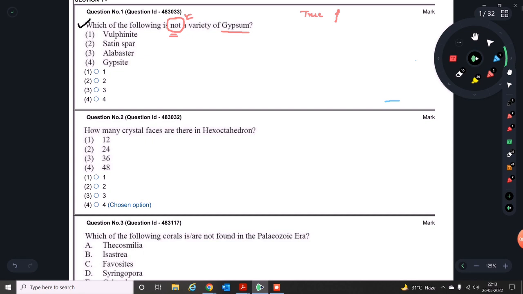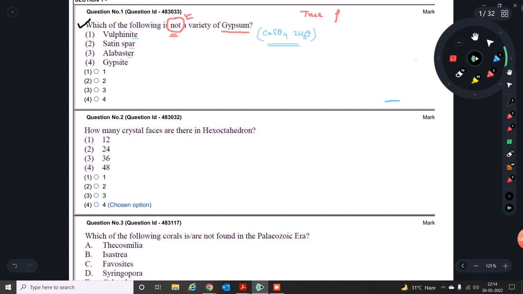So basically, gypsum's chemical formula is CaSO4·2H2O. This is the gypsum formula. It is hydrated calcium sulfate, CaSO4·2H2O. I will mention some of the properties, but before that, we will see the options.